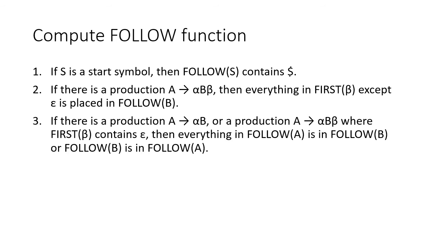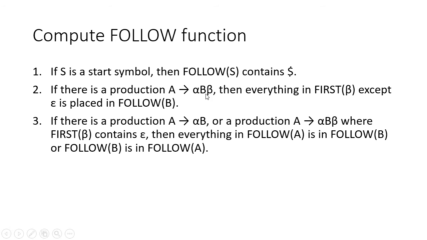If there is a production A derives alpha B beta, then everything in first of beta except epsilon is placed in follow of B. Remember again one thing, alpha can be a combination of any number of terminals and non-terminals, and beta can also be a combination of any number of terminals and non-terminals.